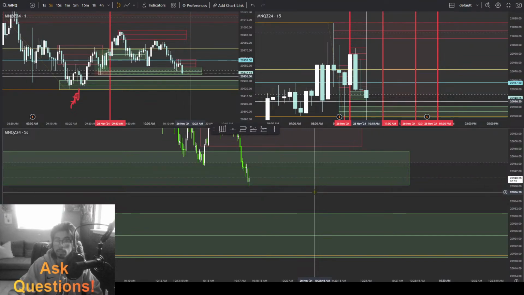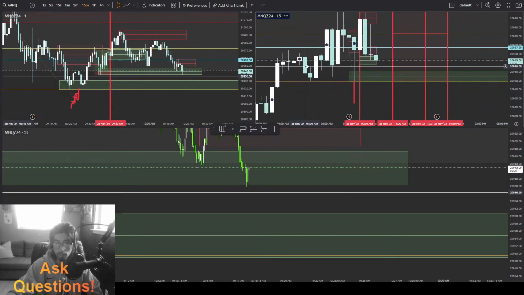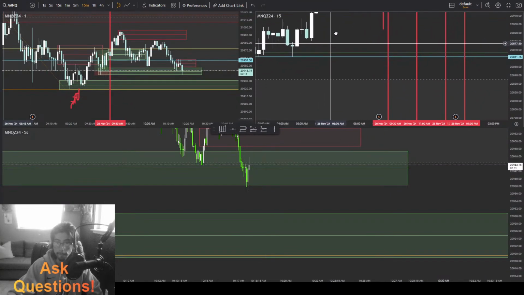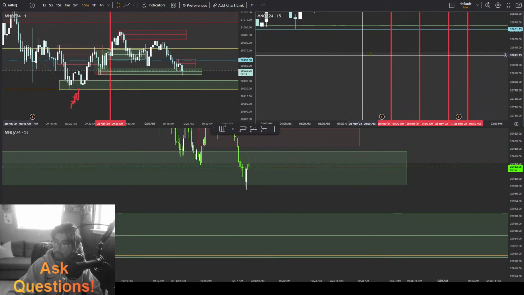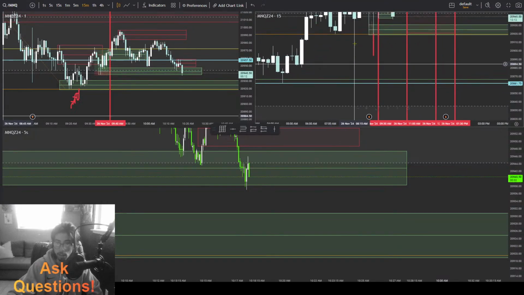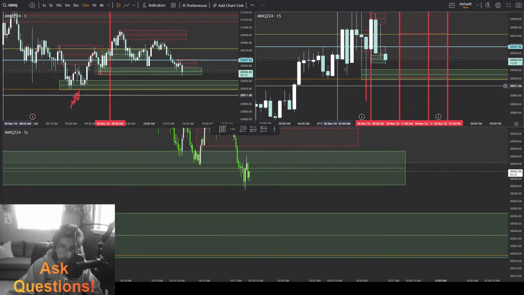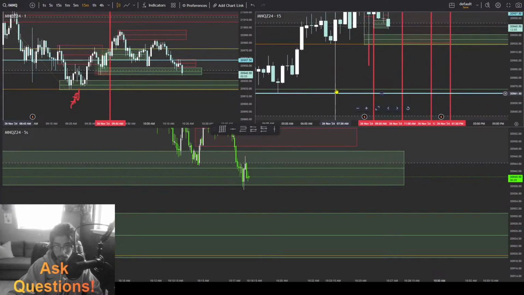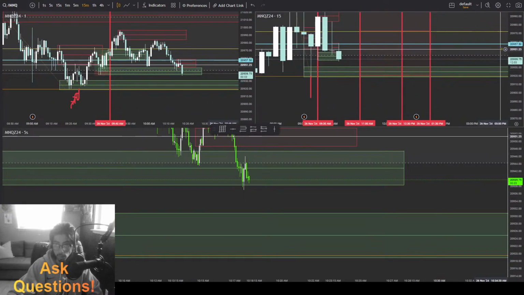Let's see. Okay, yeah. So right here is a higher time frame zone, the 15-minute. Normally when we reject the one above, we're gonna target the one below. So we'll see.